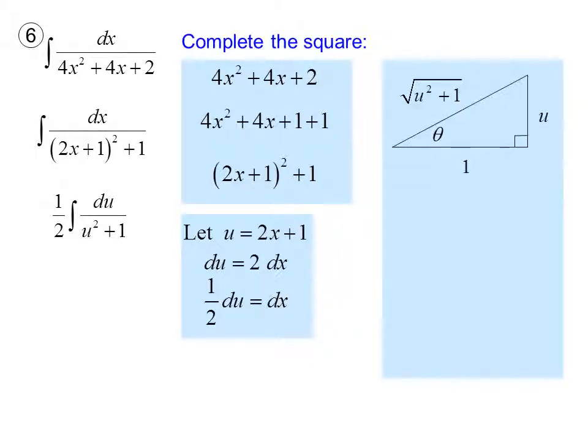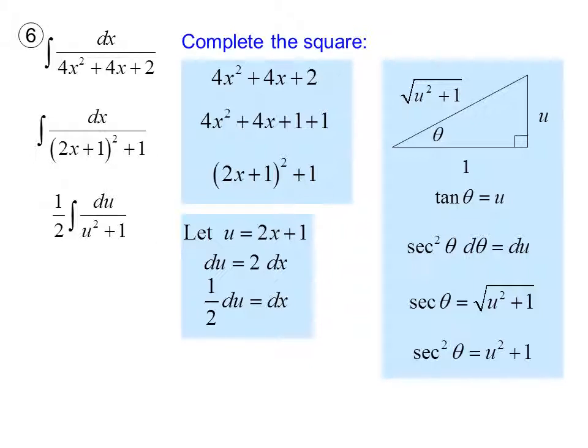We use this triangle. Tangent theta equals u. Secant squared theta d theta equals du. Secant theta equals radical u squared plus 1. So secant squared theta equals u squared plus 1. Our integral becomes 1/2 integral of secant squared theta d theta over secant squared theta.